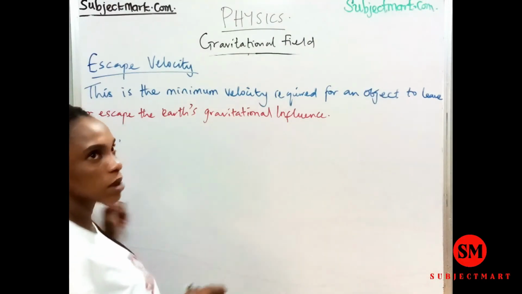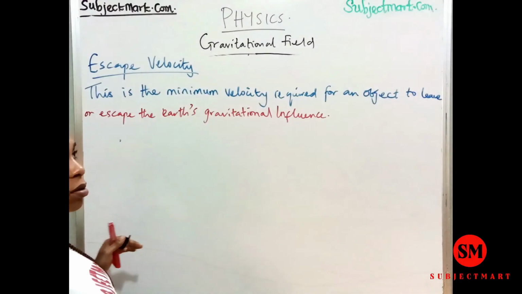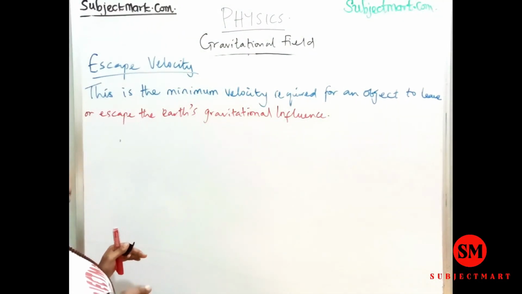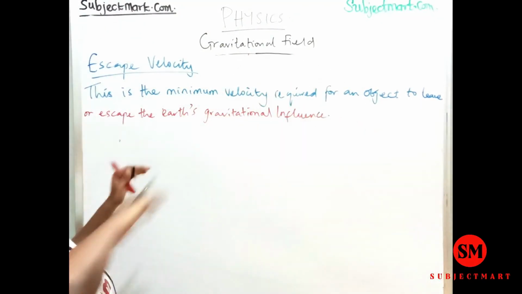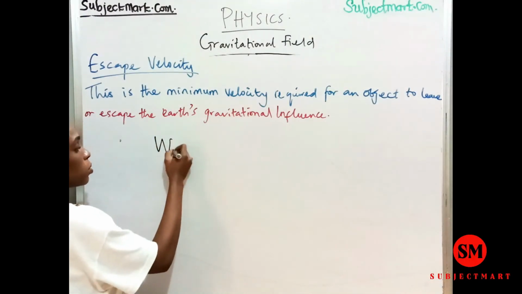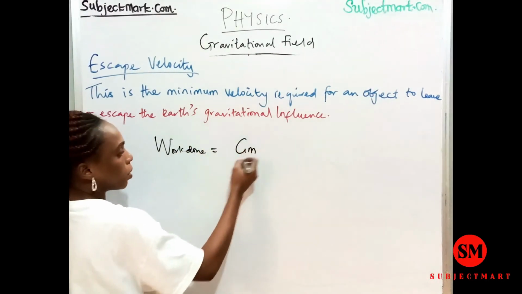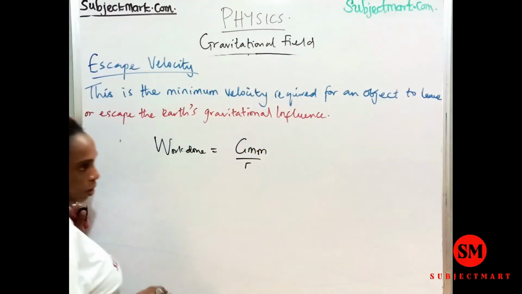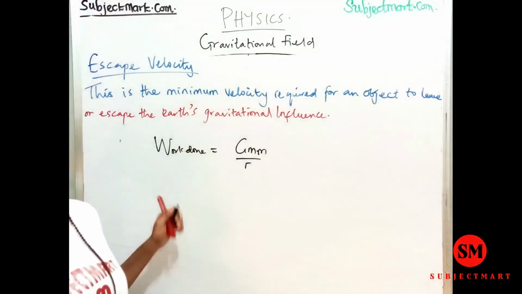So you recall that we said gravitational potential is the work done in moving a body from infinity to the center of the Earth. So that means work done equals to, you remember. But in this case, we have two masses. And you also agree with me that this work done is the same thing as kinetic energy.